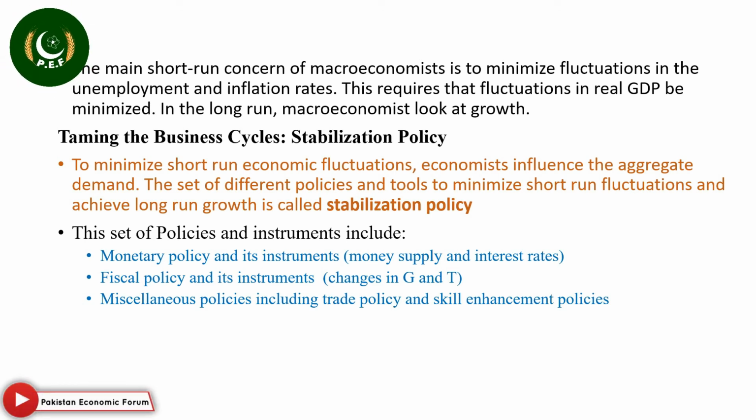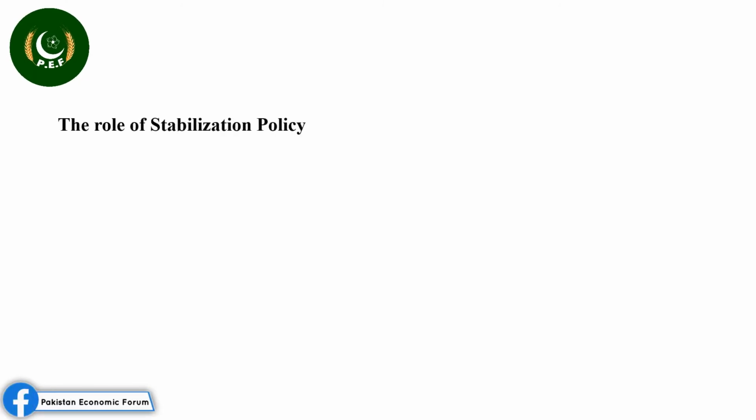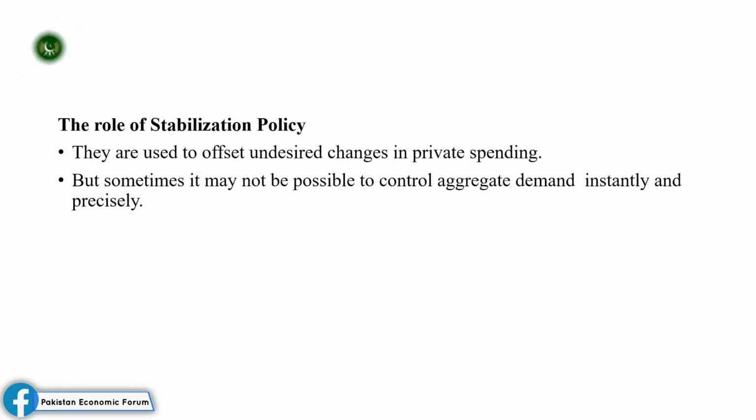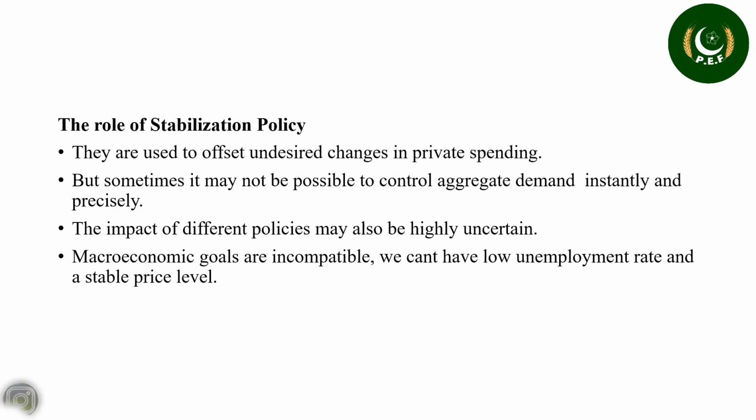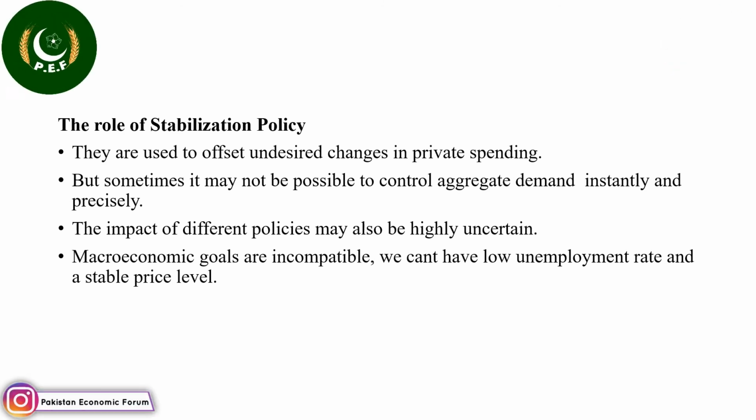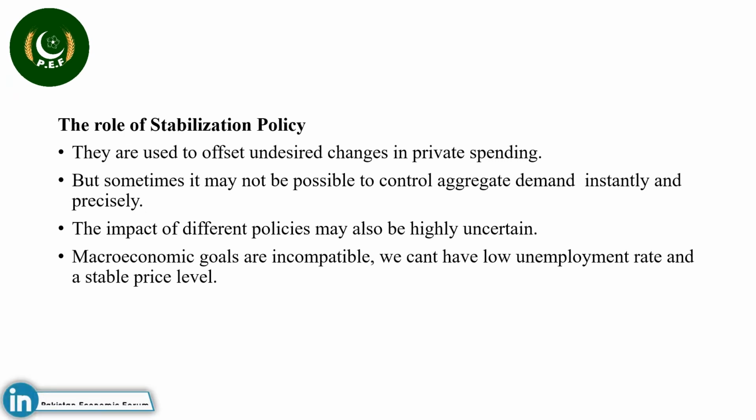The stabilization policies are used to offset undesired changes in private spending, but sometimes it may not be possible to control aggregate demand instantly and precisely. The impact of different policies may also be highly uncertain.